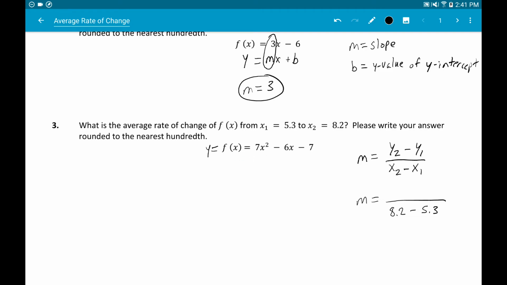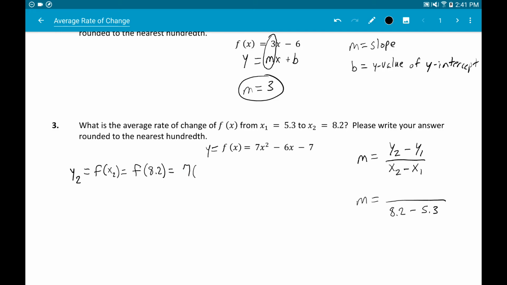Okay, so let's do that for each of these x values. So if I want to get y sub 2, I'm going to plug x sub 2 into this function. In this case, x sub 2 is given to us in the question as 8.2. So we want to plug 8.2 in for x in the function.